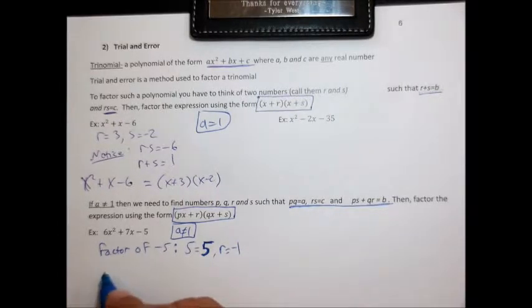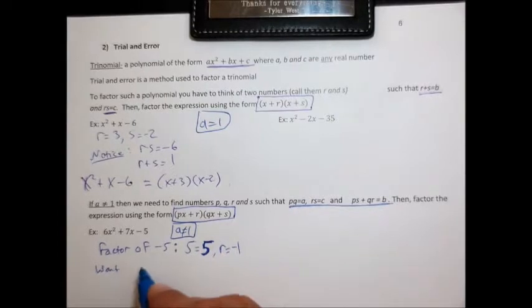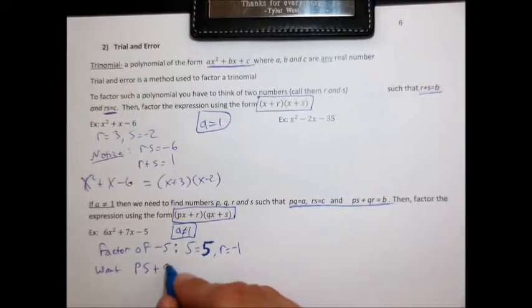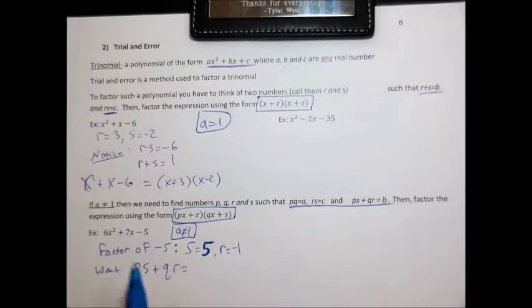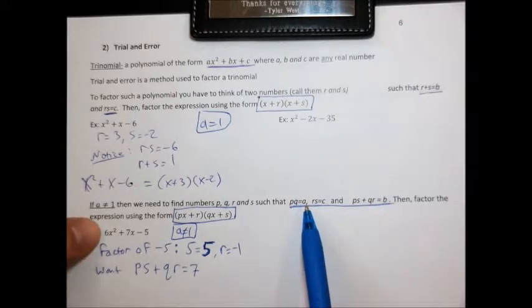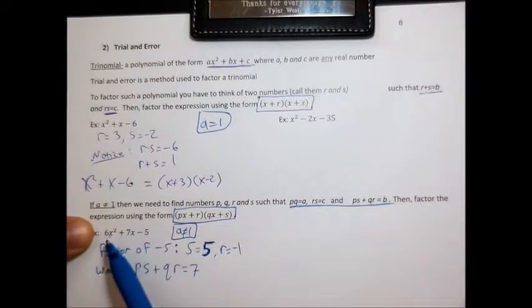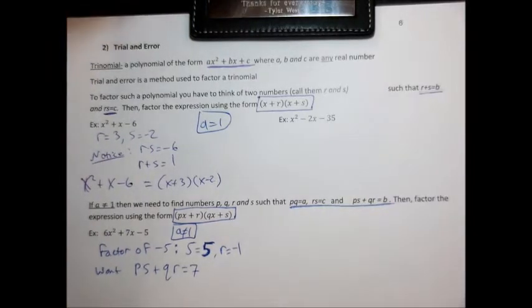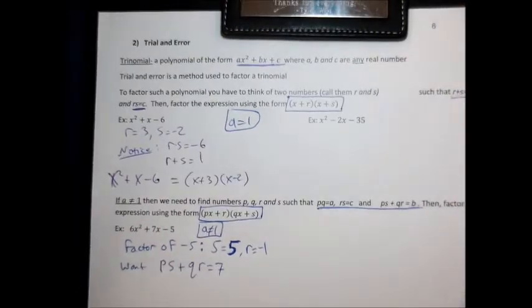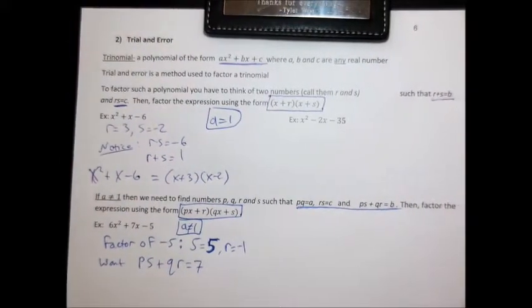And what we need is 2 more numbers so that when I multiply PS and QR, I get the middle term, which is 7. And so now I need to think of factors of 6 that I can use. There's more than one factor of 6 that's possible, right? Because 6 has 6 and 1. It could also be 3 and 2. And so we just need to choose which one to try.